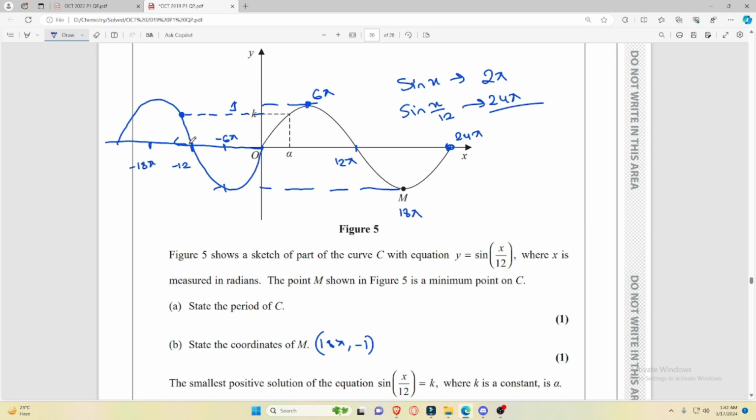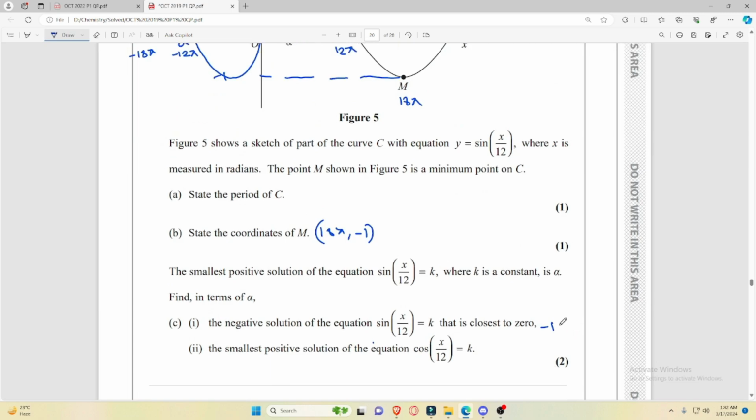And I know that I went alpha distance from my 0 point here, I went alpha distance from my 0 point here as well. So from -6 pi, it will be -12 pi, it is this point, minus alpha, because I have to go alpha step backward to reach k. So it is -12 pi minus alpha.